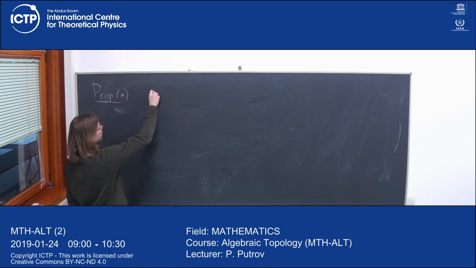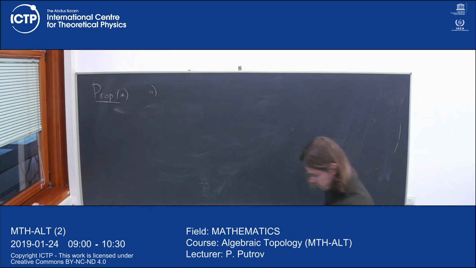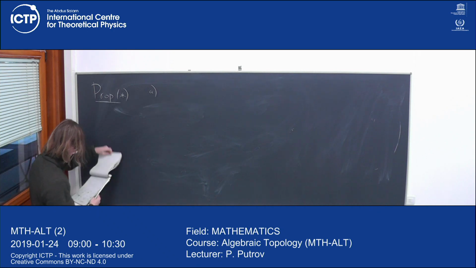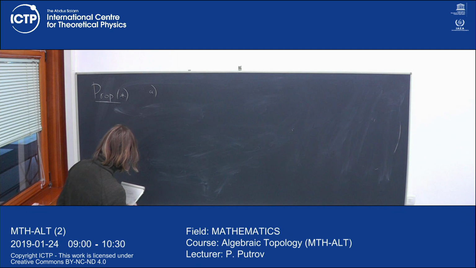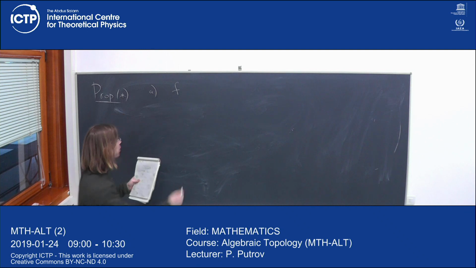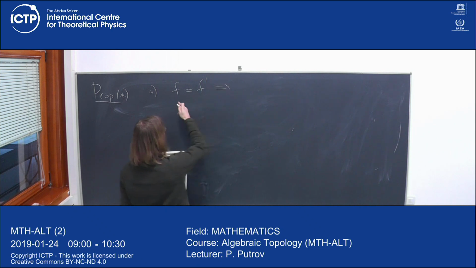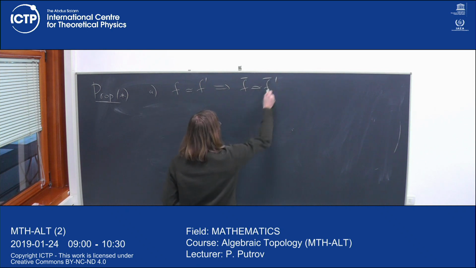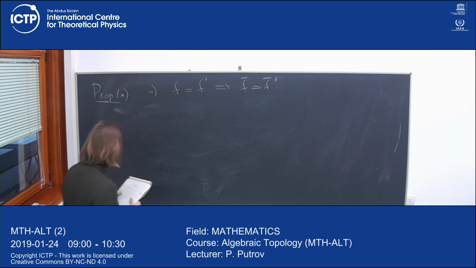There was a bunch of points, where everything consists of paths in some topological space X. First, if path f is homotopic to f prime, then the inverse paths are homotopic to each other.